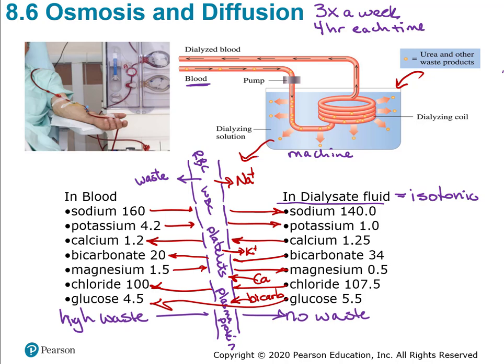By constantly feeding in fresh fluid and draining off the used fluid, that helps keep the dialysis fluid in an isotonic condition. And after the 4 hours, what should the concentrations be? They should be equal. After 4 hours of this moving in and out, the concentration of blood and dialysis fluid should be the same.